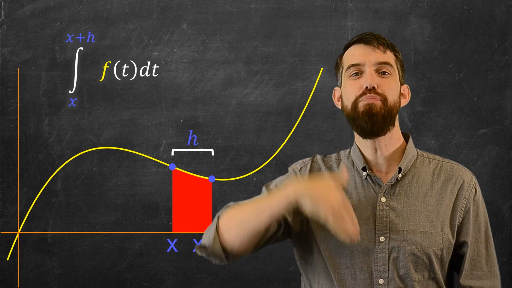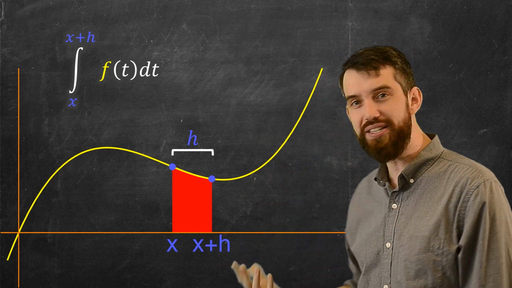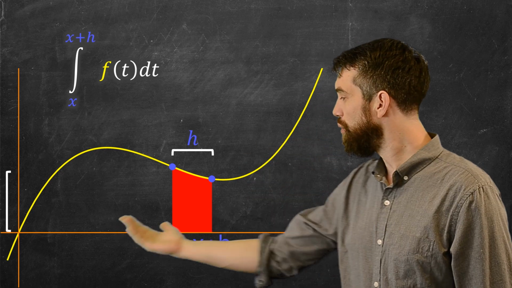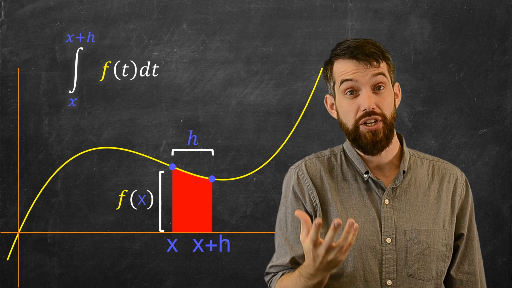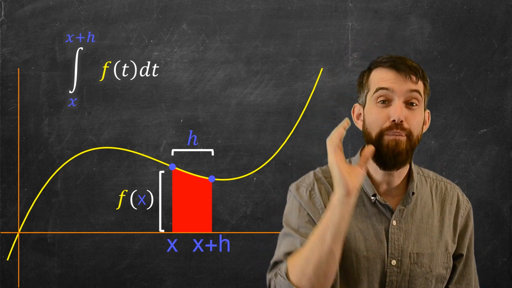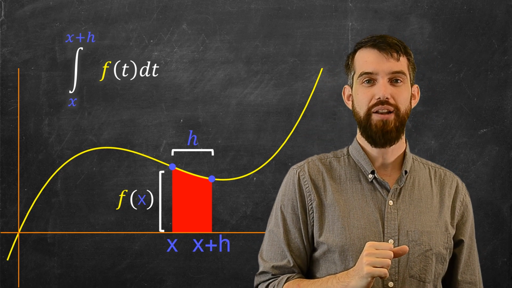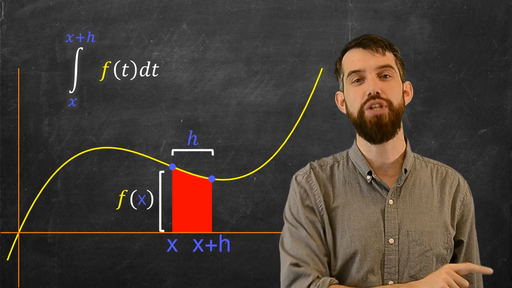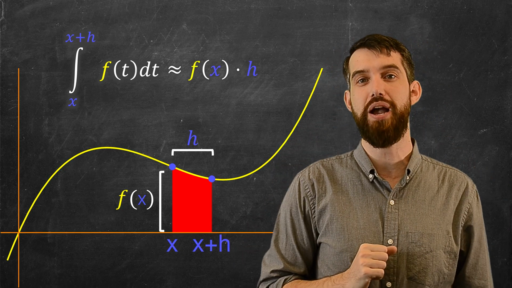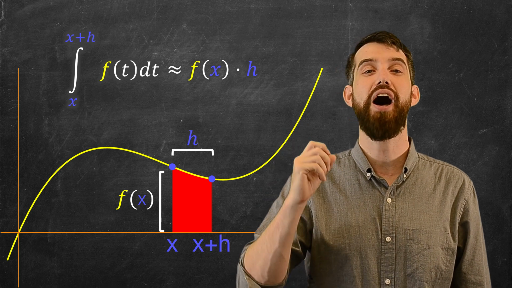Well, you could approximate this as a rectangle with a fixed height. That is, we could say that this was a rectangle that had width h, but had a height of about f of x. You might say, hold on, it's not quite a rectangle. But as my h goes to 0, this is approximately a rectangle of width h and height f of x.